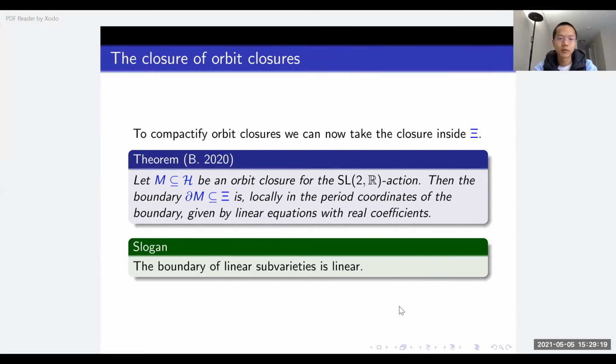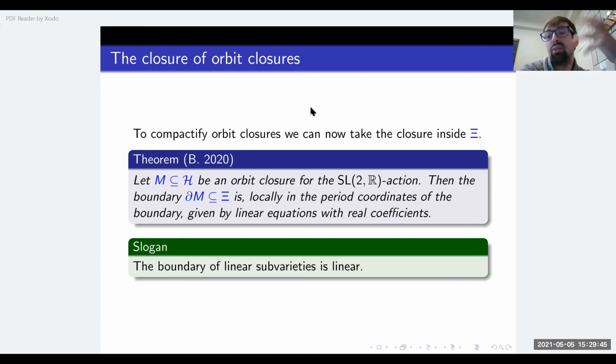One quick question. How does the result depend on the compactification? I know there are lots of other compactifications. Well, there are not so many good compactifications. This statement only makes sense if you have an analog of period coordinates on the boundary.